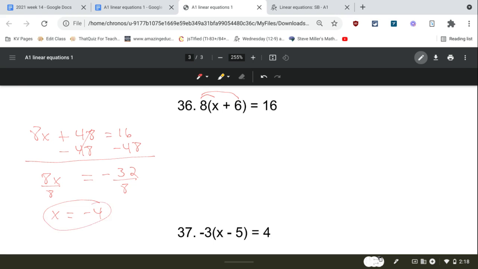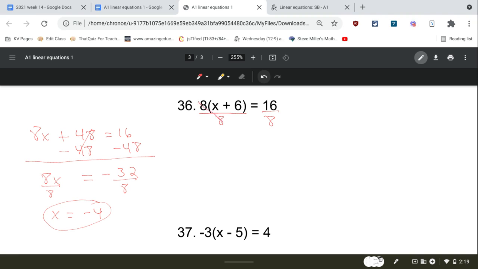All right, so the other way that you could work this one out, and it's not so bad, if you notice the 8 and the 16 will go evenly into each other. So what I'm going to do is divide this whole equation by 8. You've got 8 multiplied by all of this stuff, so I'm going to divide by 8 to cancel out the 8's.